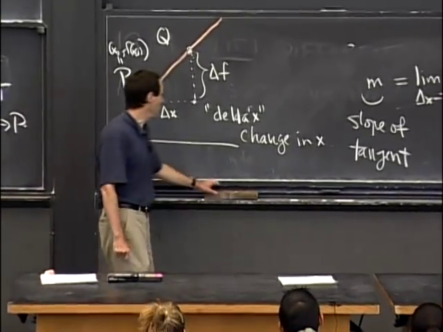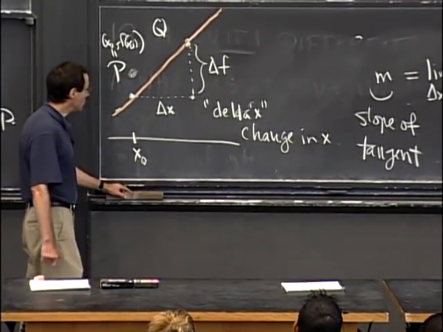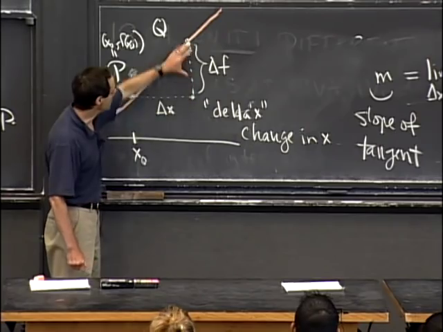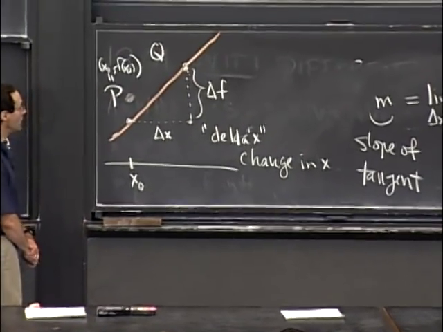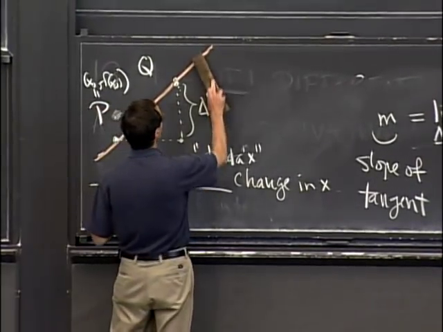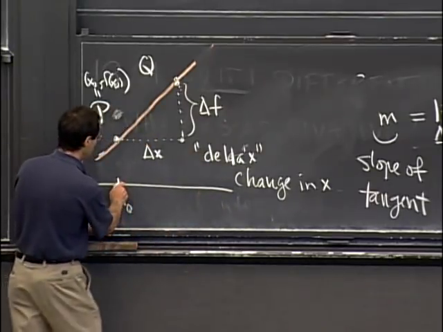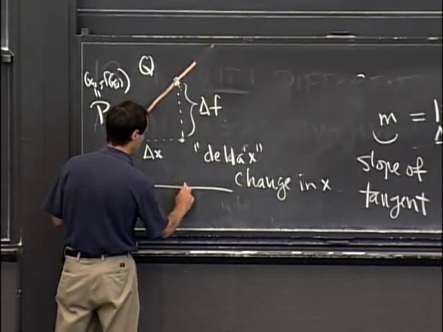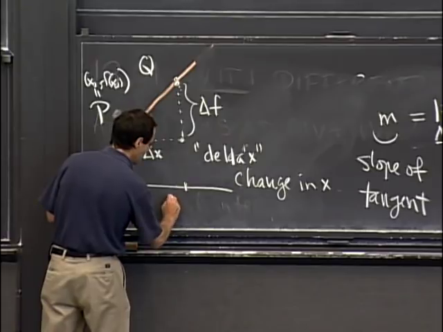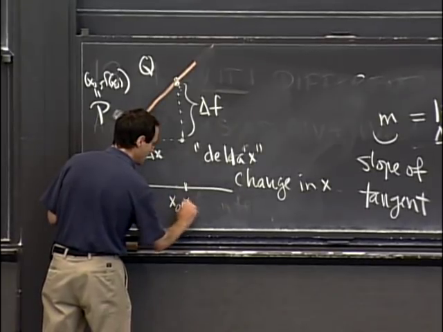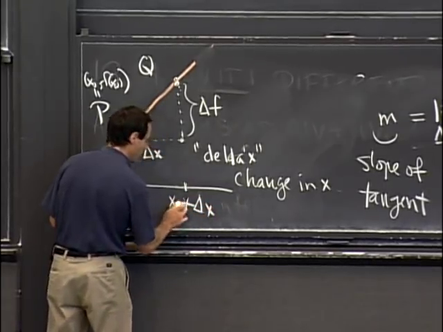And in order to compute these distances, and in particular the vertical distance here, I'm going to have to get a formula for Q as well. If this horizontal distance is delta x, then this location is x0 plus delta x.